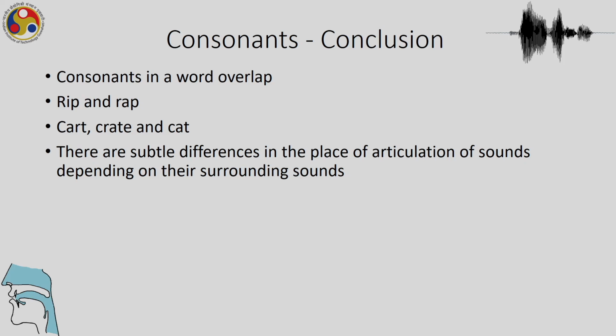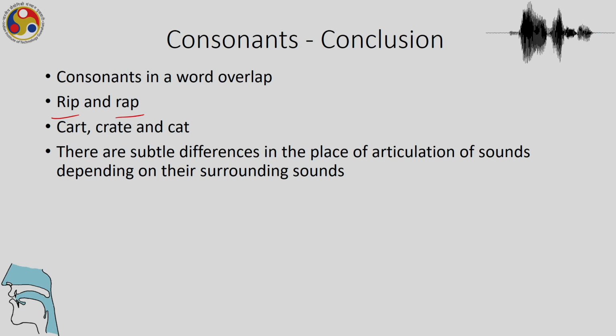Very important things to remember again is that consonants in a word overlap, and also consonants in a word are influenced by the surrounding vowels. Hence rip and rap will have slight differences because the following vowels are different, even though they are pretty close as words.